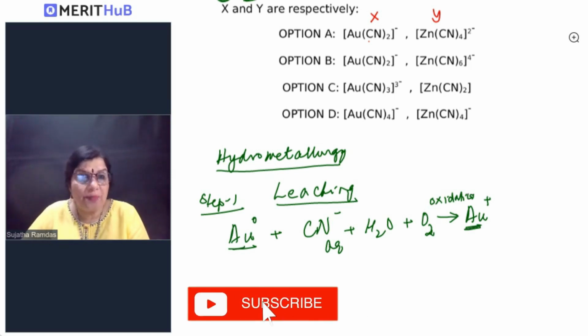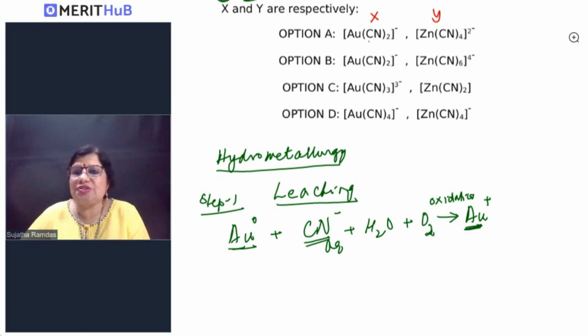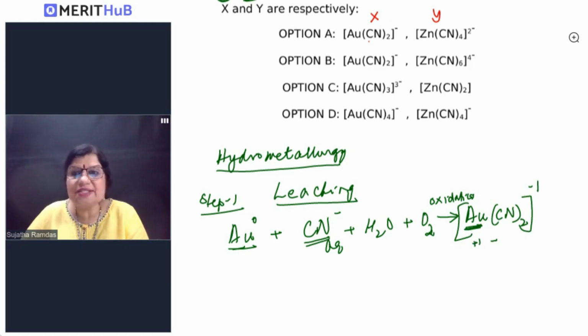Now this Au plus will form a complex ion with the ligand here, the cyanide ions. So you get Au(CN)2. Let me remove the plus charge there. You get this complex ion minus 1. So gold is plus 1. These are the two cyanide ions, so minus 2, each has a charge of minus 1.